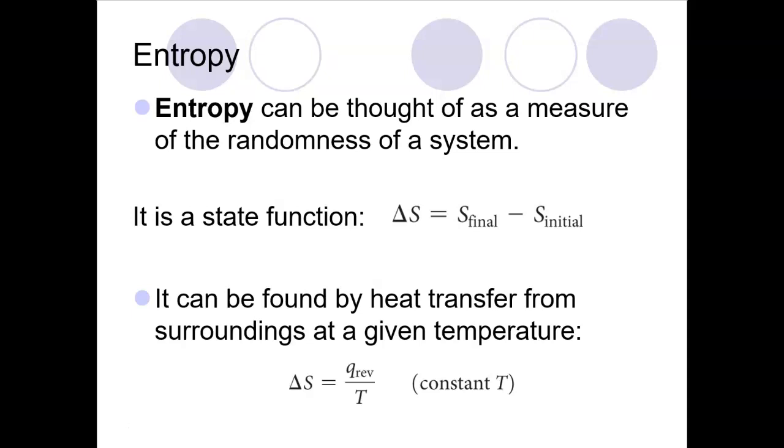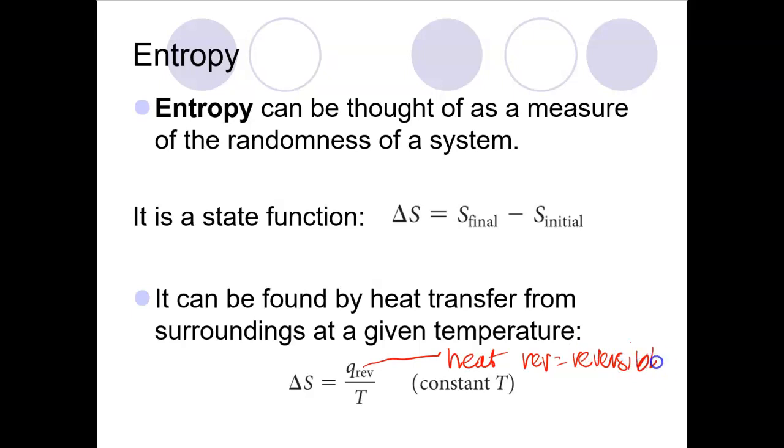But for lab data, there's no entropyometer or something. There's no instrument that you just stick on something and it measures the entropy. So we have to have a way of collecting lab data and being able to convert that into an entropy. So that is what the second equation is, delta S equals Q rev over T. Q stands for heat, and the rev just means for a reversible process.